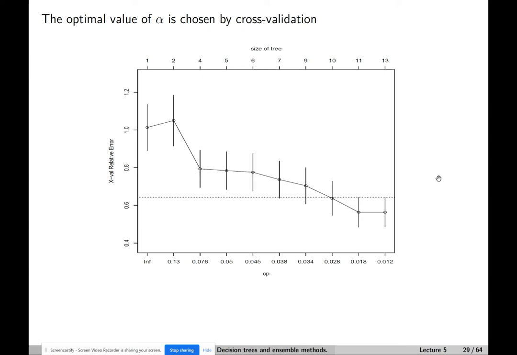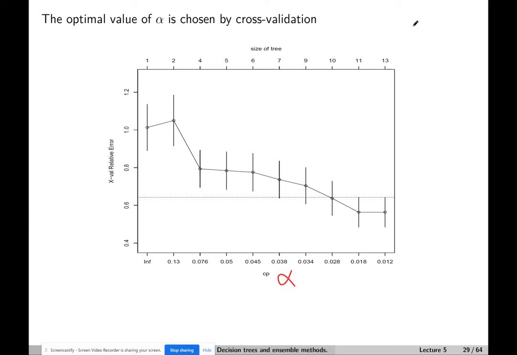So here is the plot. Depending on this value of alpha, and this CP here means alpha. So the vertical axis is cross-validation, and the horizontal axis is alpha. And what we see here is that as alpha increases, the number of nodes in our tree decreases.